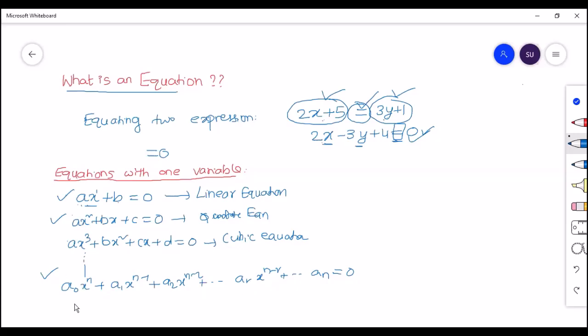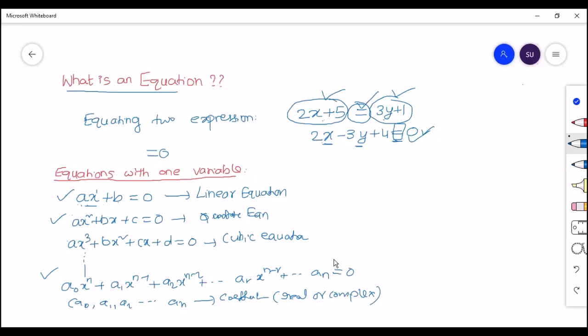Okay. Now here a naught, a1, a2 and so on, an are the coefficients. These coefficients may be real numbers or complex numbers.